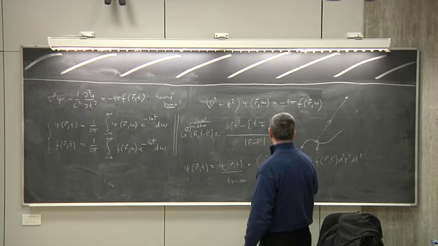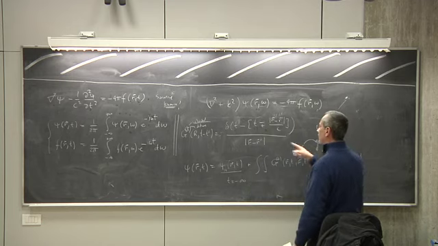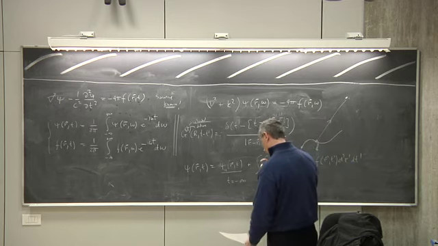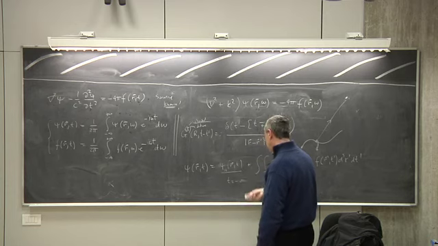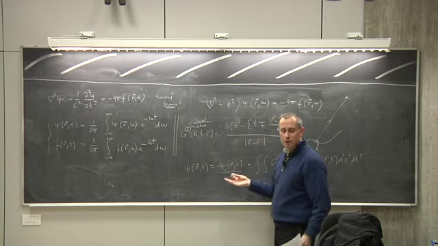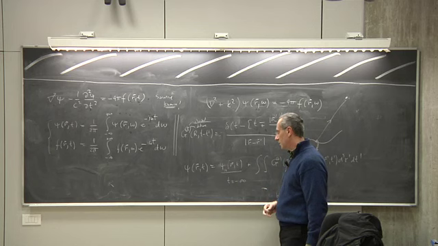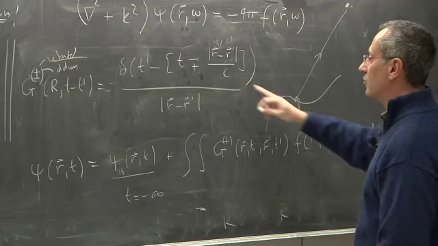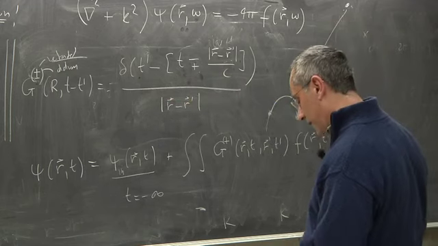And actually, because you see that the t part is just a delta function, there is an easier way to write this solution. I can do the t part of this integral because it's just a delta function.